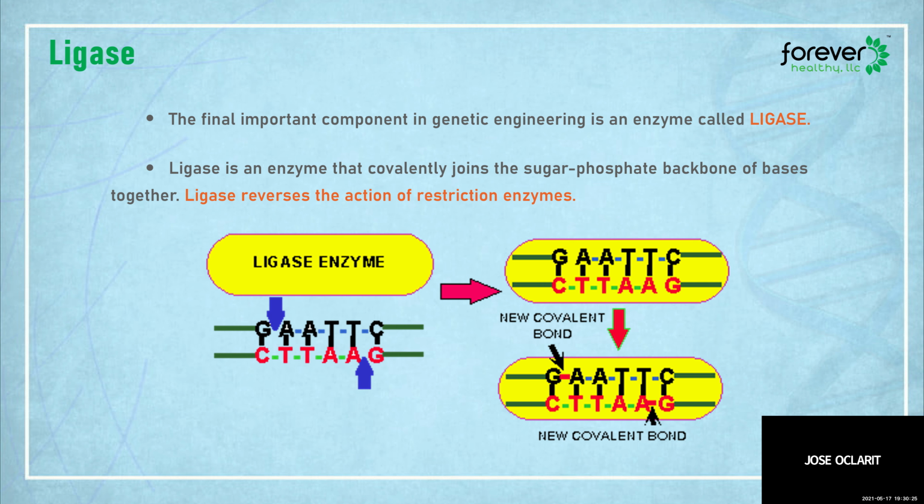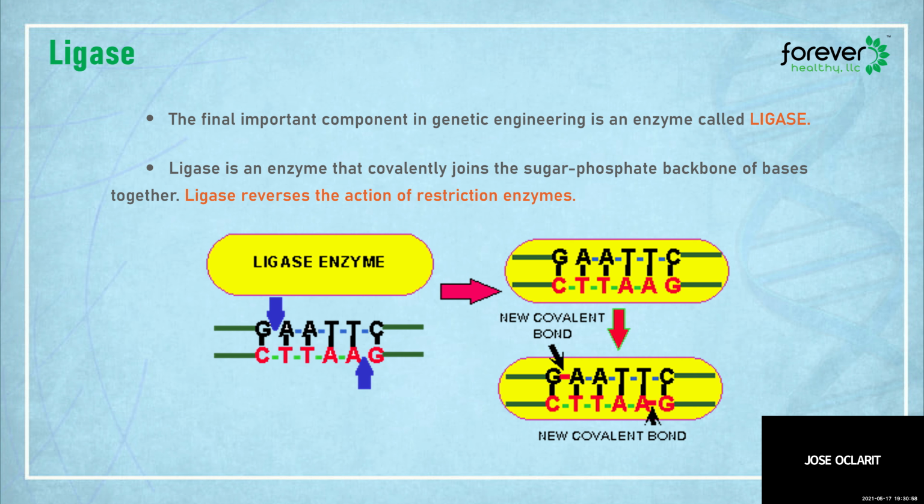Once the DNA is cut, the DNA can be combined again using the enzyme called DNA ligase. Ligase is an enzyme that covalently joins the sugar phosphate backbone of the DNA, because the sugar phosphate is the backbone molecule of the DNA.